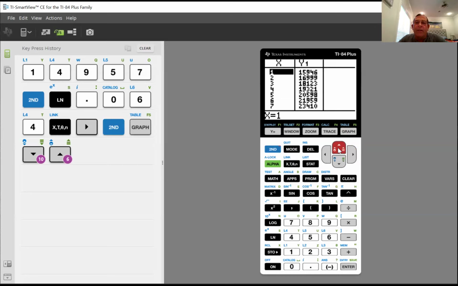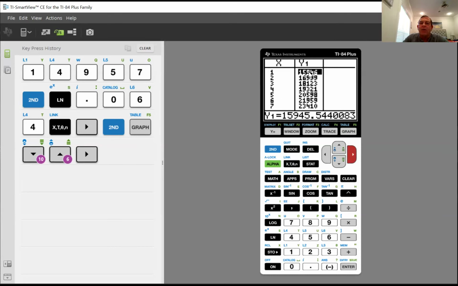So here is 1 year. Now I want y'all to see, it ain't showing decimal places, but if you get on the Y values and look below, it says Y1 equals 15945 point. That right there is where I'm going to get my decimal answers, okay?